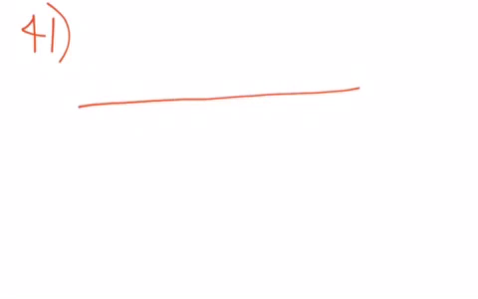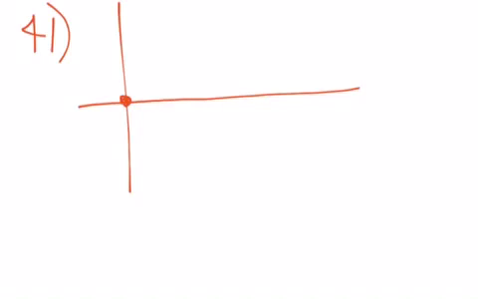Okay, on the next page, it asks you to determine the rate of change of the graph. So if you'll look at one like number 41, and because of the way we're having to do this, I just have to draw it on here.